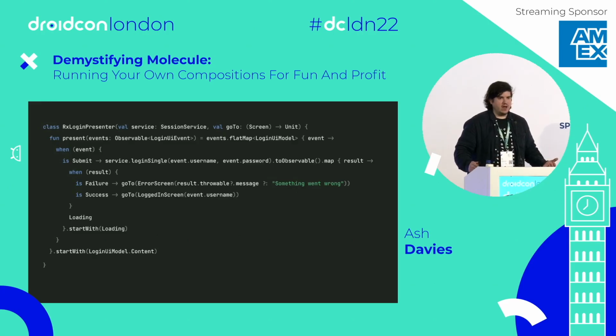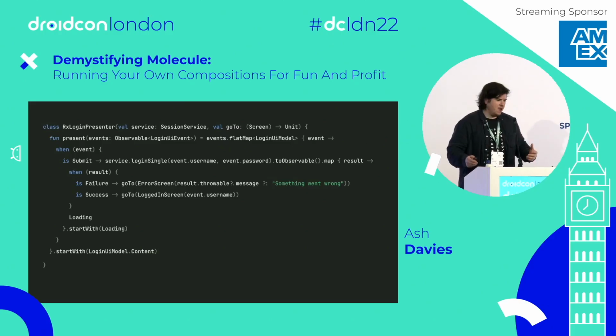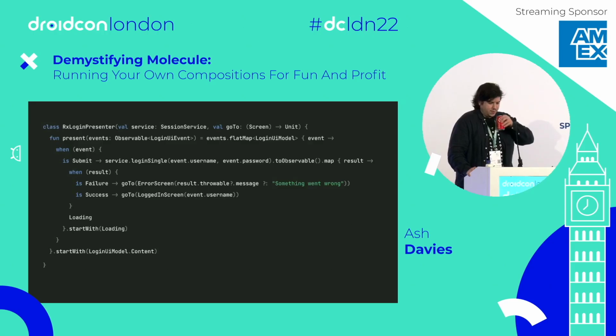For a start, look at where startWith is. It's right at the bottom, and that's not really a logical place to think that's the start, unless you're watching a Quentin Tarantino film. So it's really difficult to see the sequence of operations here. Let's not forget all these ridiculous operations of single to flow mapping and to single to observable to maybe, and then having all these nullable things, and then RxKotlin, and well, that was a headache.